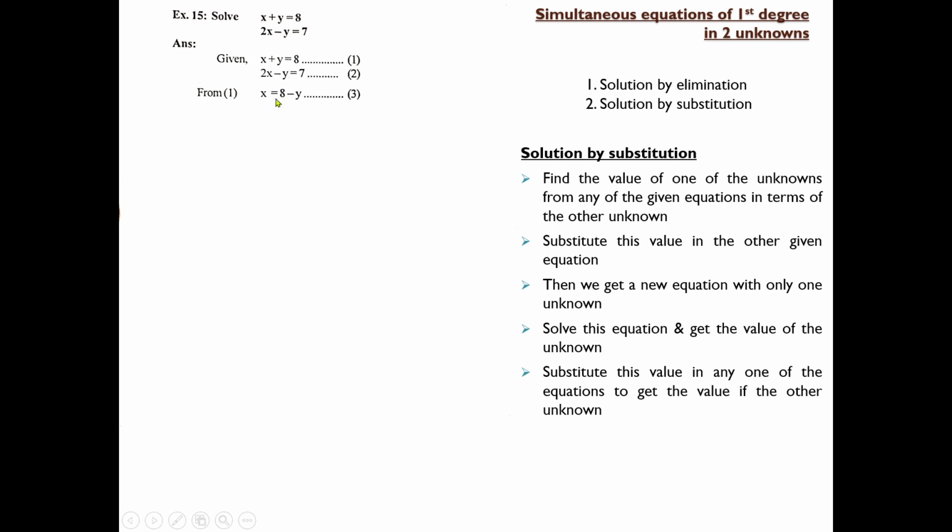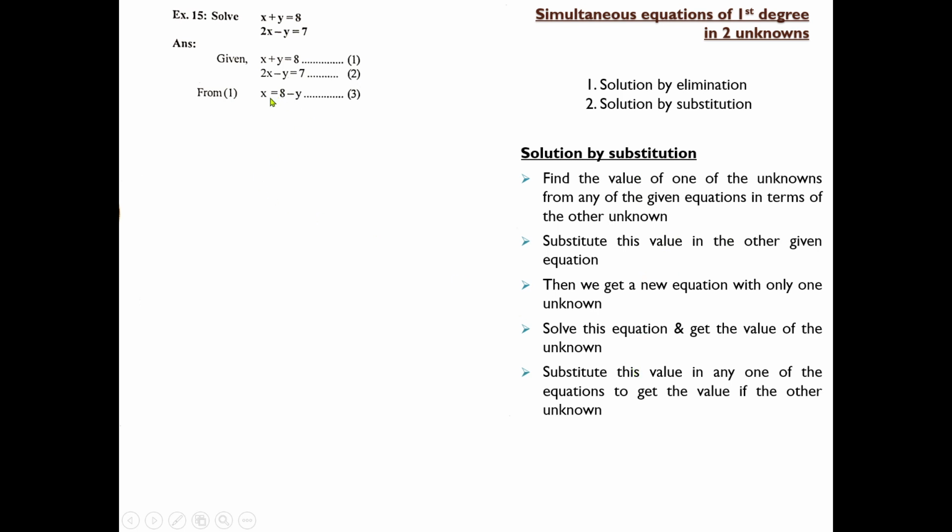x equal to 8 minus y. You can select either y or x. For computation purposes, I am now selecting x. So x equal to 8 minus y. Now we can call this equation number 3. Now you need to substitute this number 3 in equation number 2, because that was a step mentioned in the solution by substitution heading.